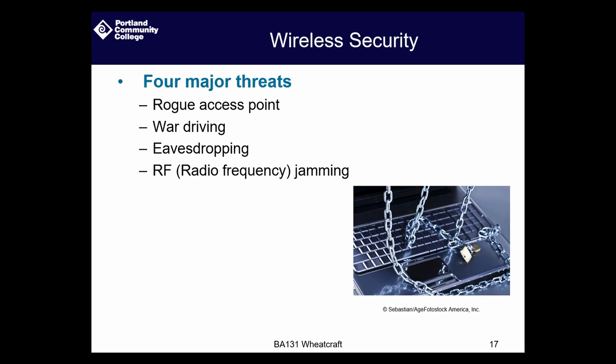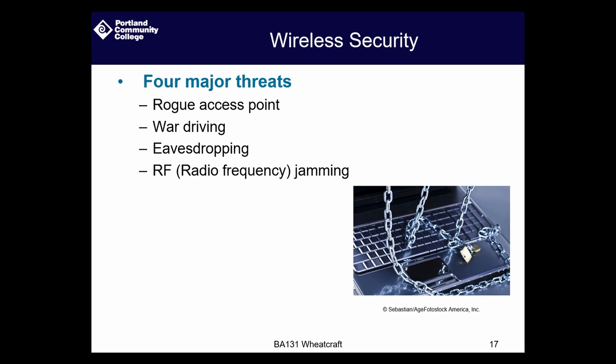The other, really the fourth item there, is RF, radio frequency jamming. This is where someone can come with a strong transmitter, and instead of wanting to tap into your system and read what you're doing, they want to prevent you from having any access.